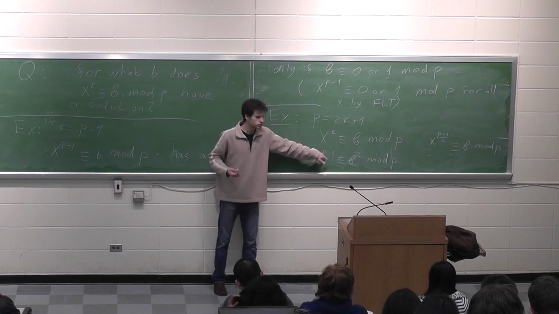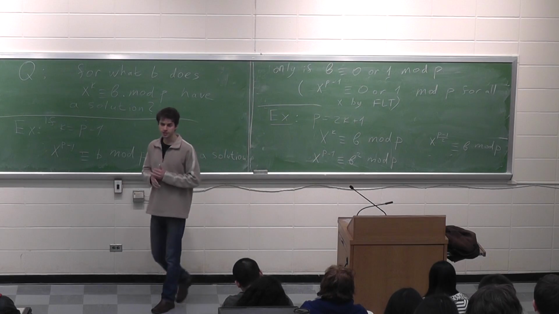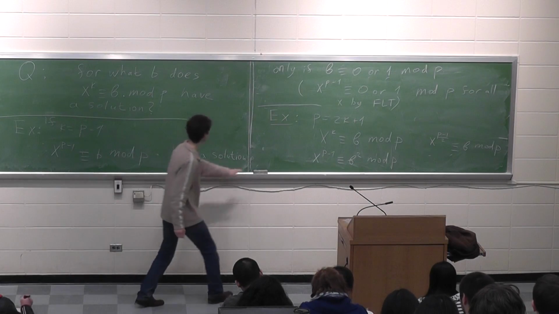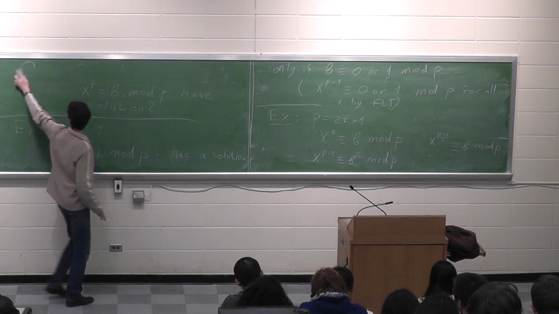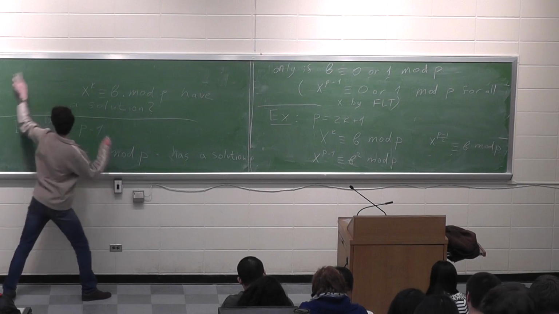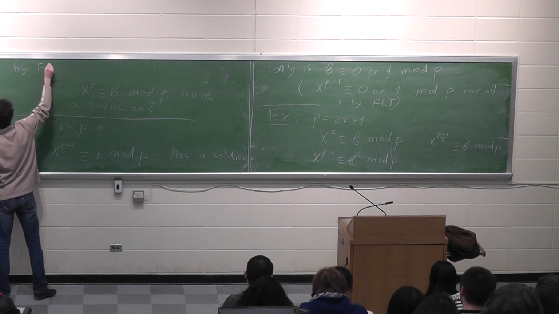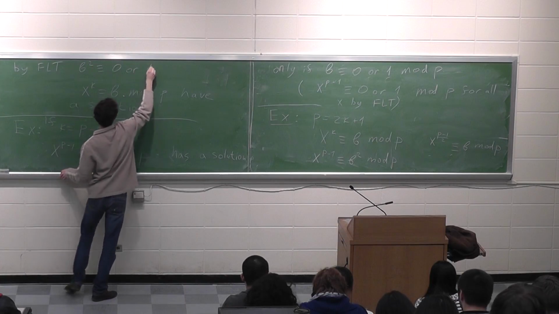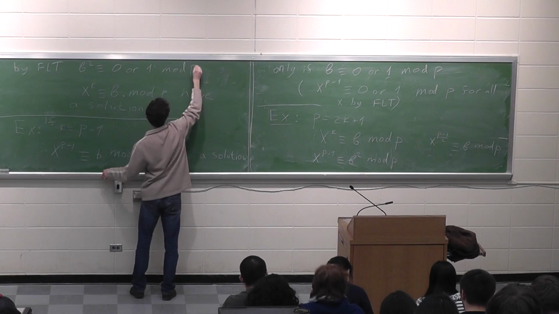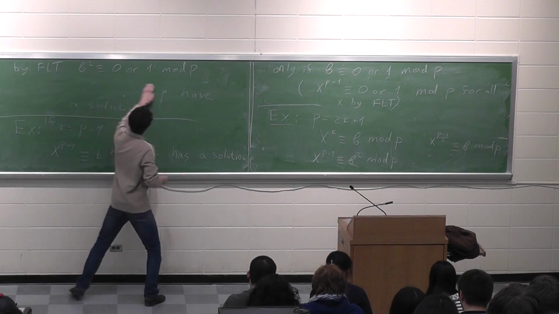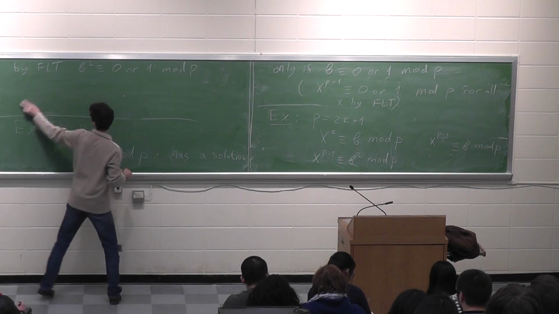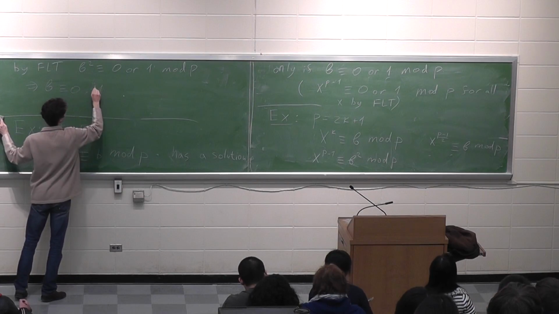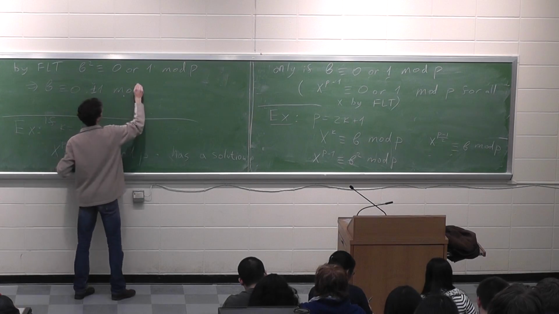By Fermat's theorem, x to the power of p minus 1 is either 0 or 1, always, for any x. So b squared is 0 or 1 modulo p, and hence b is equal to 0 or plus or minus 1 modulo p.